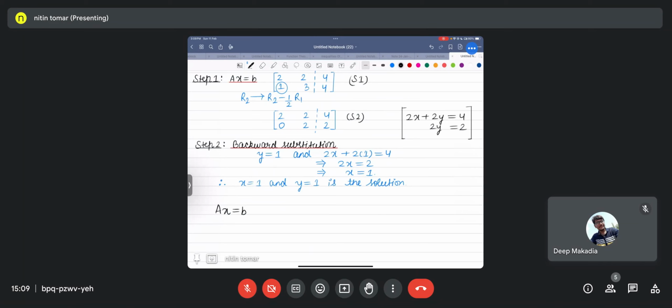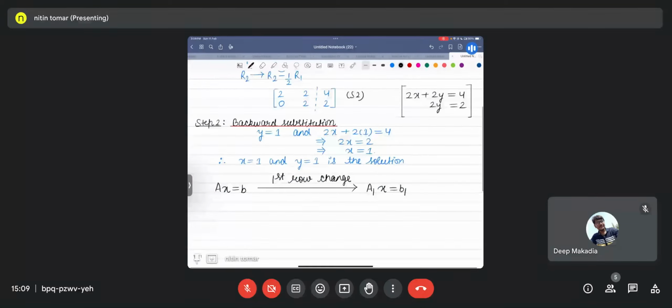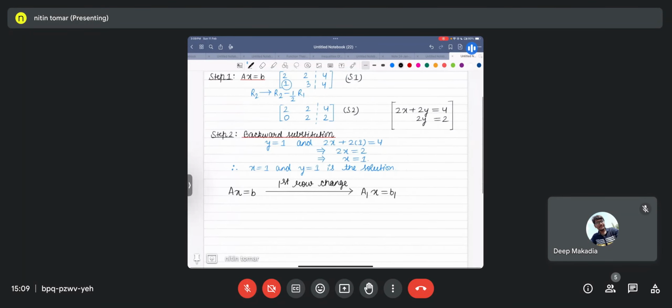Ax equal to b, and let's say we are getting some A1 x equal to b1, this solution, after first row change. So what is the relation between this A and A1?